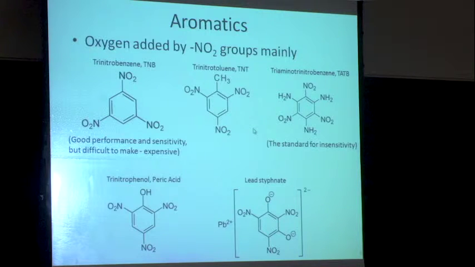Aromatics are based on the benzene ring. Trinitrobenzene, TNB, I replaced 3 of the hydrogen atoms with NO2 groups. We looked at TNT yesterday, looked at TATB yesterday. So again, making use of the benzene ring structure instead of just a cyclic compound, and adding NO2 groups.